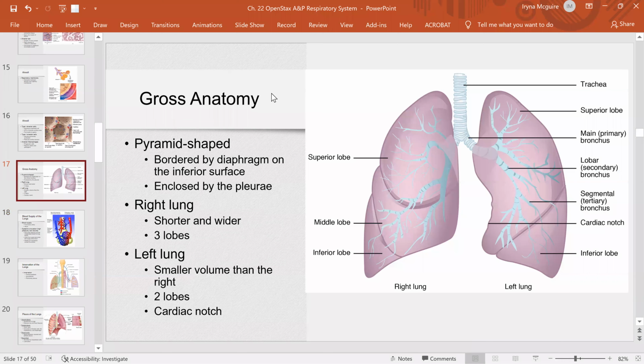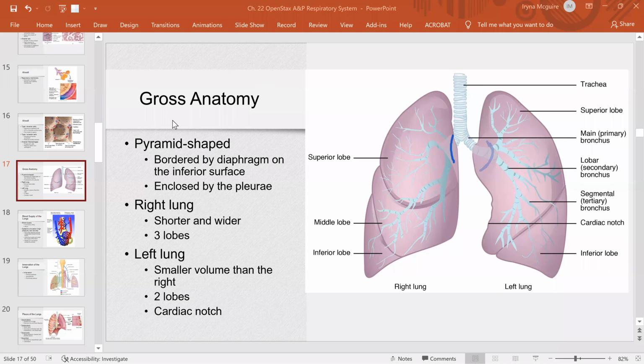It's not shown here, but this area of the lungs where you have primary bronchi, entering blood vessels, nerves, this is the hilum. So here and over here, maybe here will be a hilum.